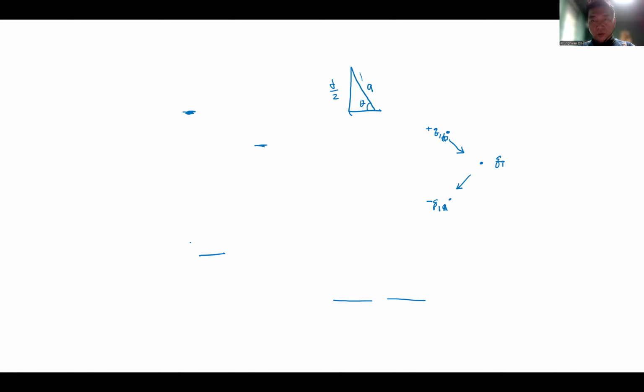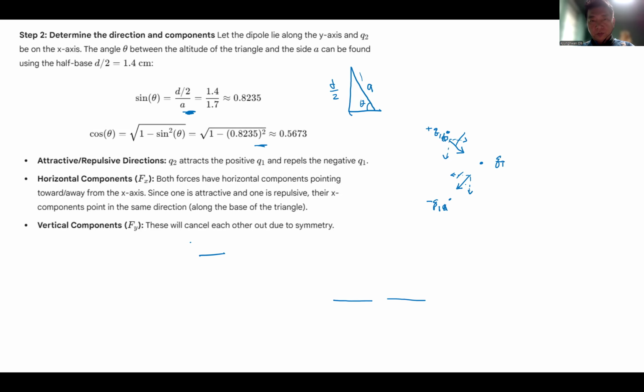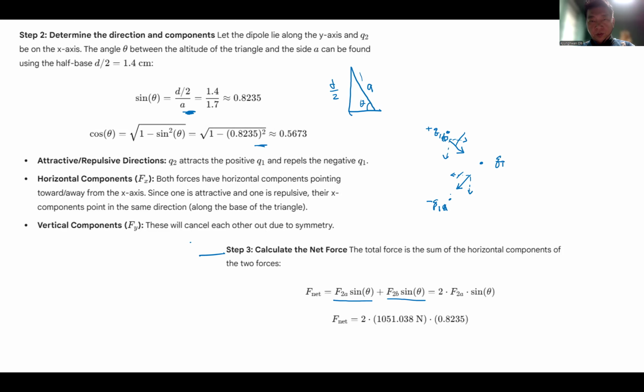So if you think about the horizontal component, you have this right-hand direction, but in this case, it is the left-hand direction. So the horizontal force would be cancelled out, and only the vertical will survive. And then the vertical component can be found like this, and then you can get this one. Okay.